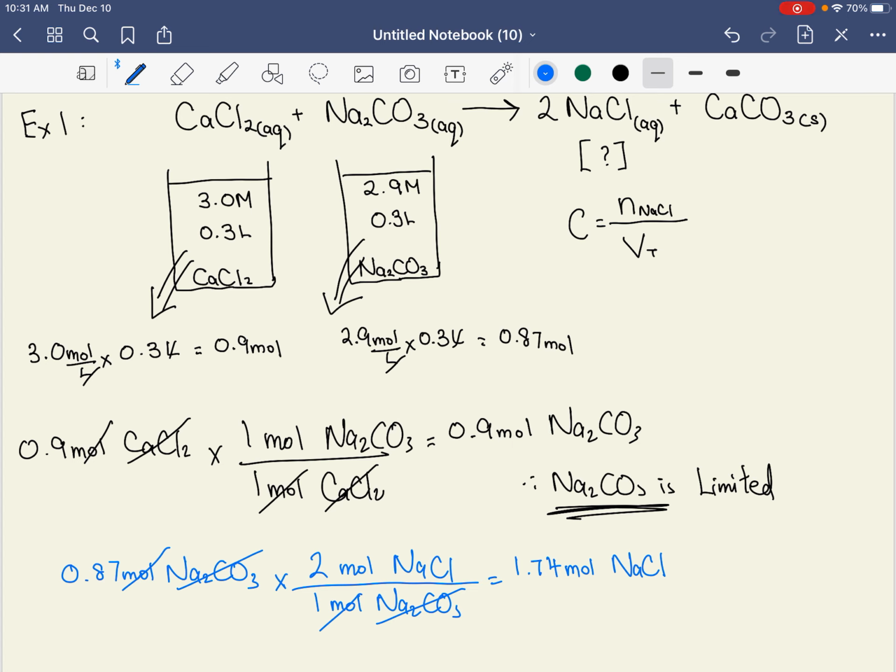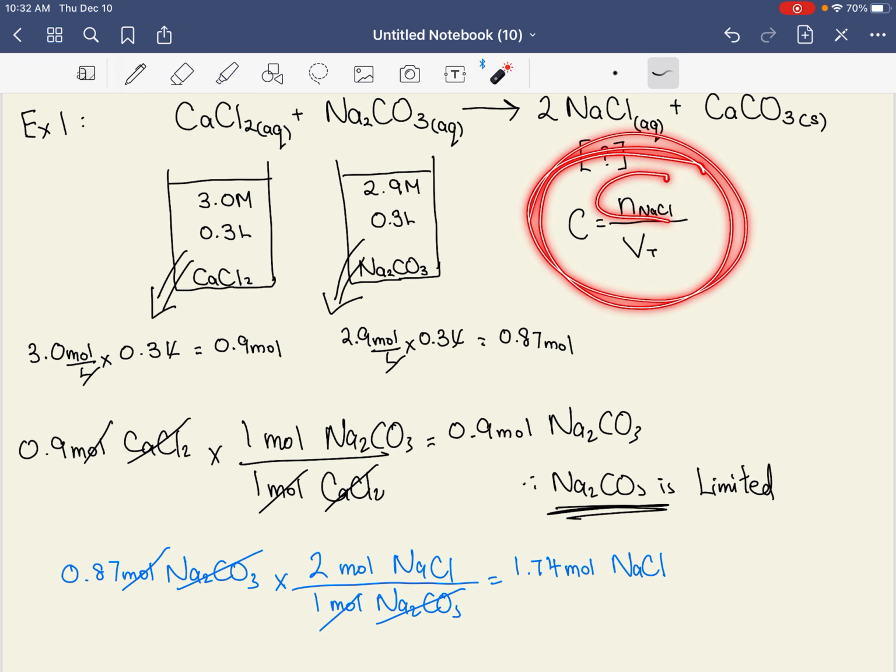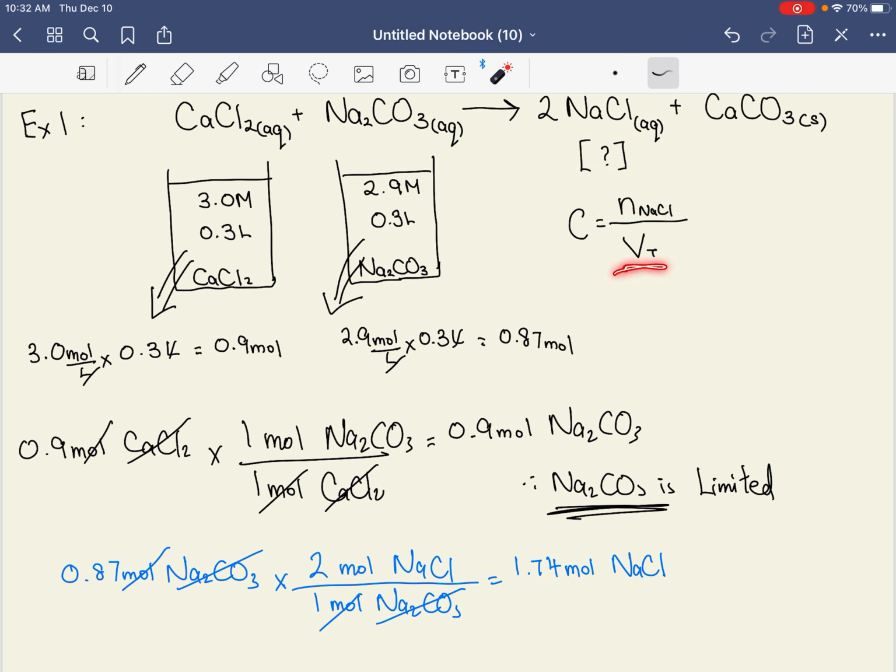Take a look at your formula right here. I want mole of NaCl, which you just got, divided by total volume, which you can find. So let's answer this question now. The mole is 1.74 mole of NaCl.